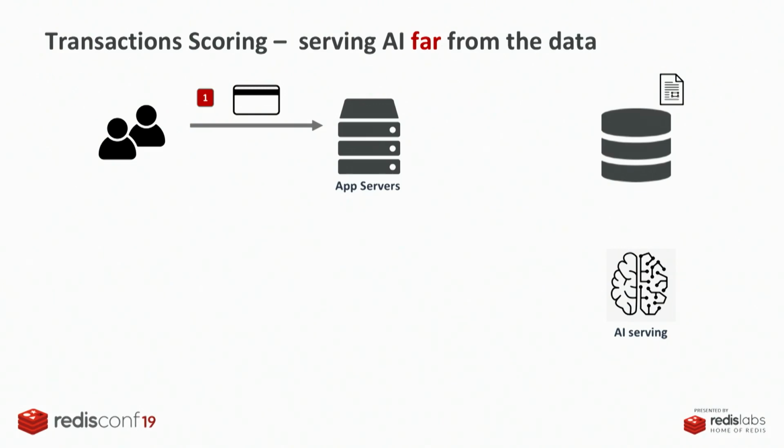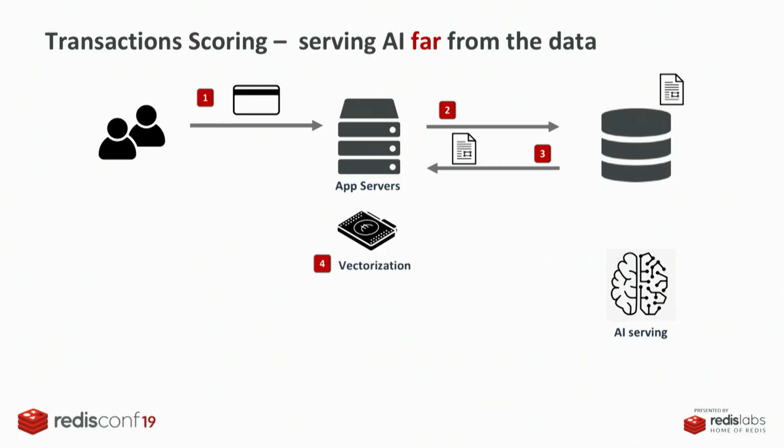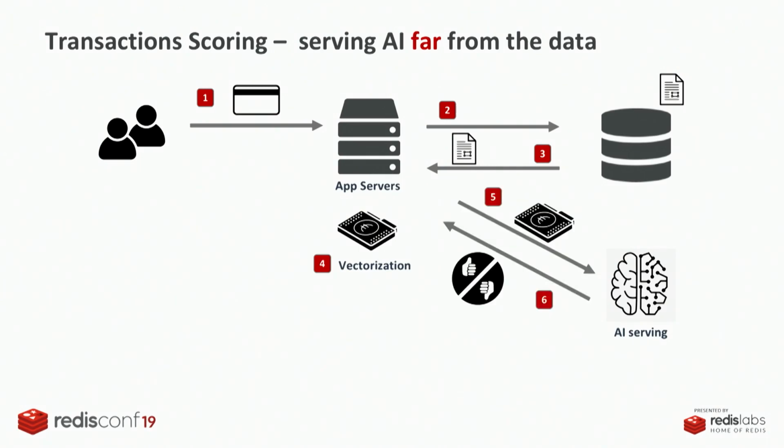And then there is the AI serving layer, which is basically the decision algorithm. Typically, the app server sends a request to the database, bring me the applicable profiles, and then the app server vectorizes the profiles and sends them to the AI server for the decision engine to come back with the verdict, yes or no.